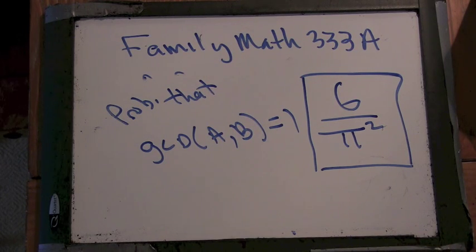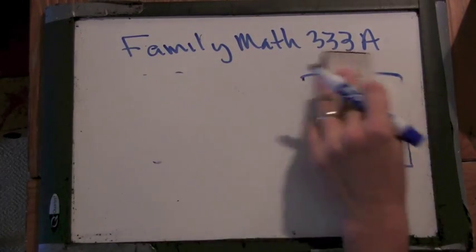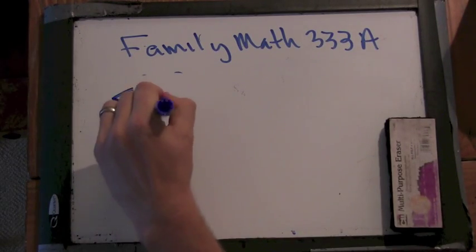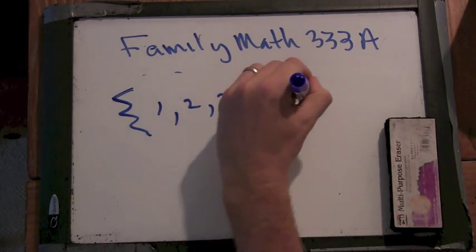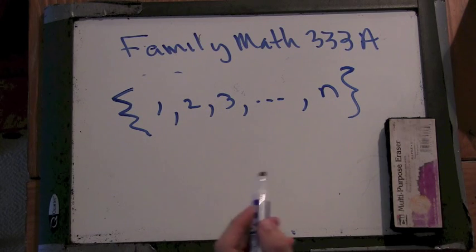One way of thinking about it, and the way Chris Long, when he originally posed the problem, said to think about it, is to start with a finite set of integers, 1, 2, 3, up to some number n. Maybe n is 10, maybe n is 100. Then see what happens as n gets bigger and bigger.